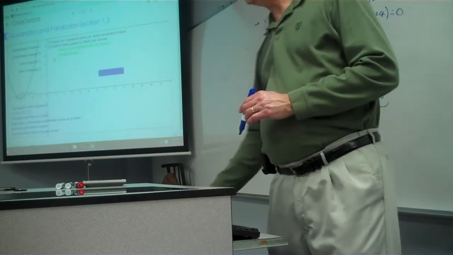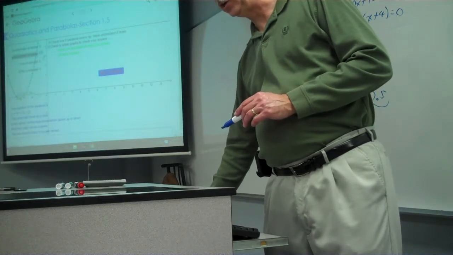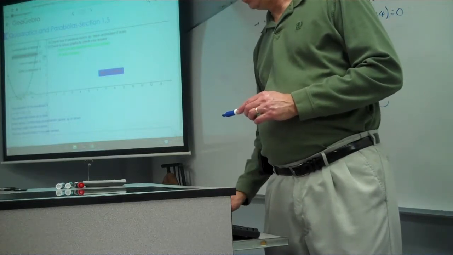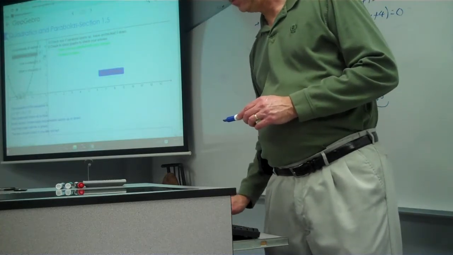If we saw two different ones, say we got the vertex here wrong and said it was negative 1, not negative 0.1, negative 1.